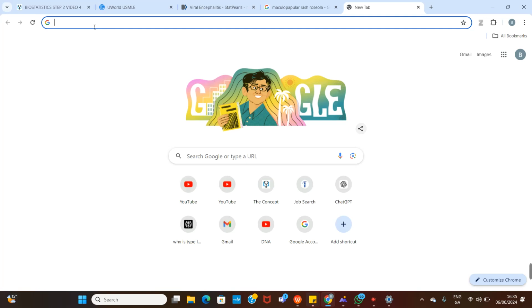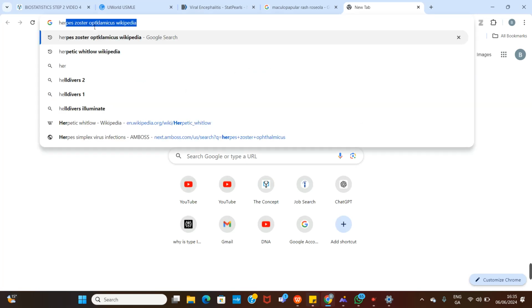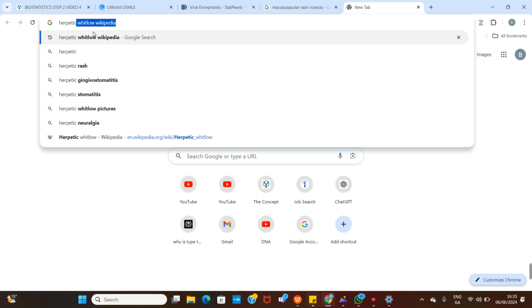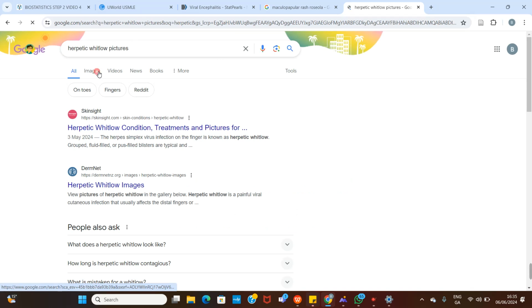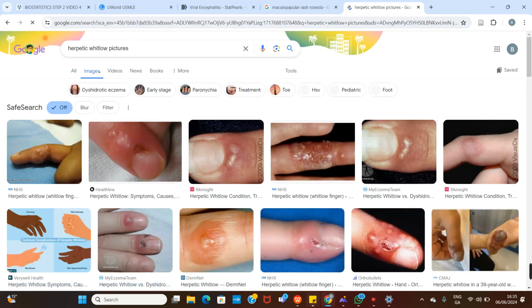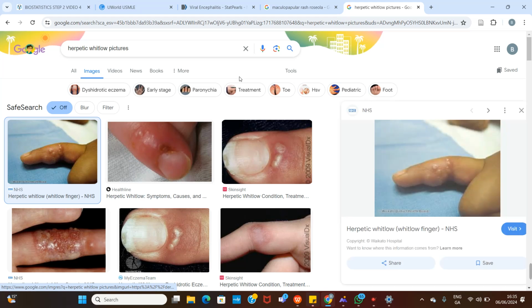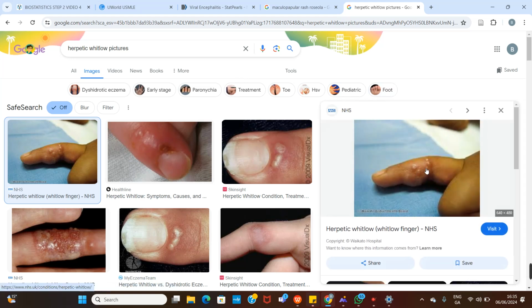So the herpetic whitlow, let me see herpetic whitlow pictures so that we can see what it looks like. I used to have it, but I think I lost it. Yeah, so you can see the vesicles, right? So these are the vesicles. You can see it affecting the fingers. So that's what you see for herpetic whitlow.